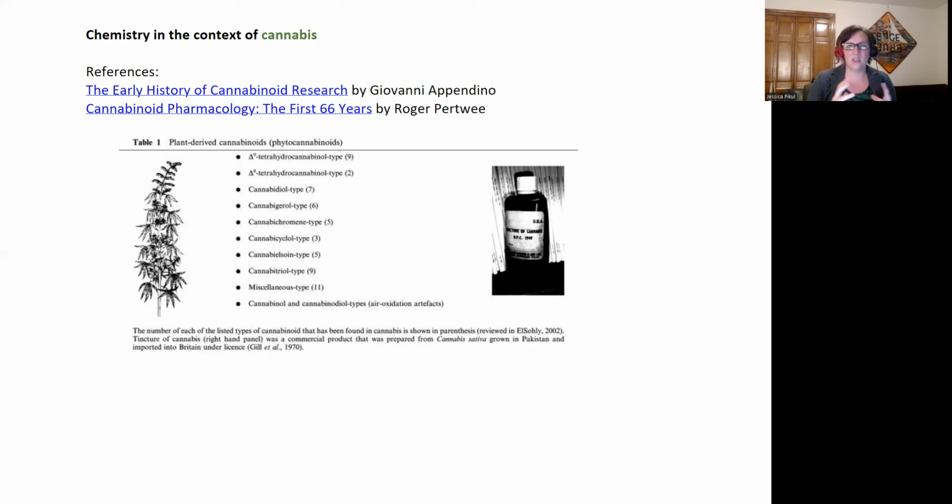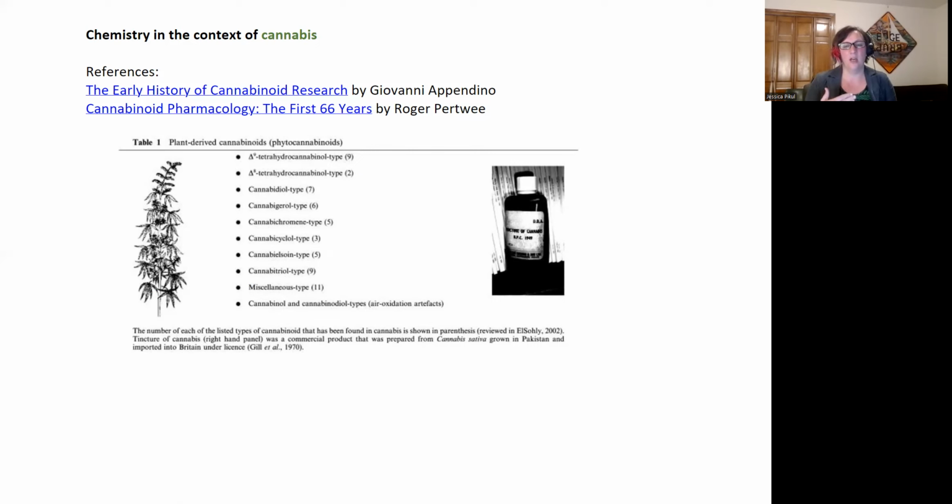And then there wasn't too much research until we saw the Marijuana Tax Act, which essentially made the plant illegal. A couple of years afterwards, a fantastic organic chemist was asked to try to identify what the intoxicating properties within the plant were.